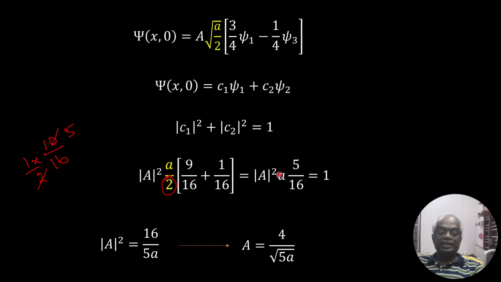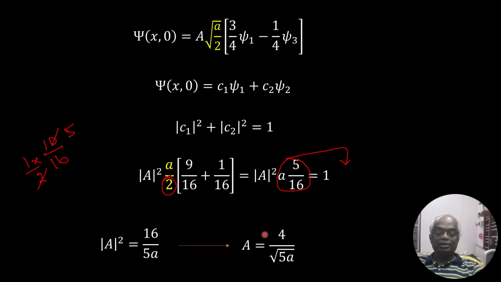So modulus A squared, a multiplied by 5 by 16, is equal to 1. If you bring this to the other side, you will get 16 in the numerator and 5a in the denominator, so modulus A squared is 16 over 5a.